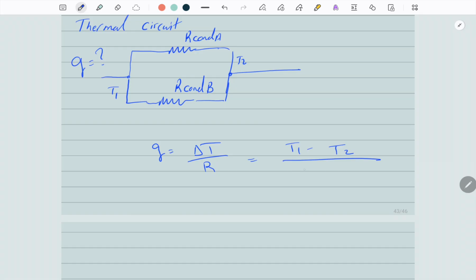So it will be R conduction A times R conduction B divided by the sum of the resistances. And that's the resistance for a parallel situation.